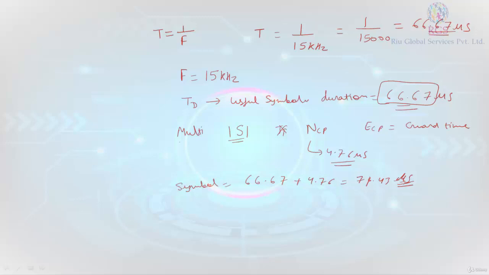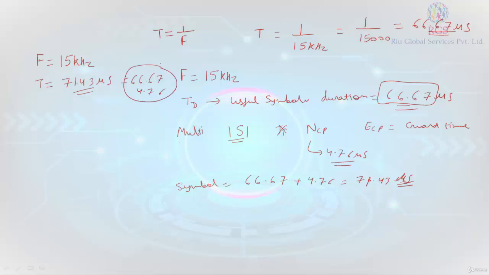So this becomes the overall duration of the symbol. Let me explain one more time. In this case, the frequency domain space is 15 kilohertz, and the time domain space of one symbol is 71.43 microseconds, which is a summation of 66.67 plus 4.76 microseconds.